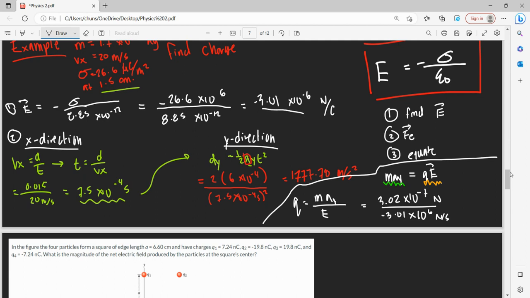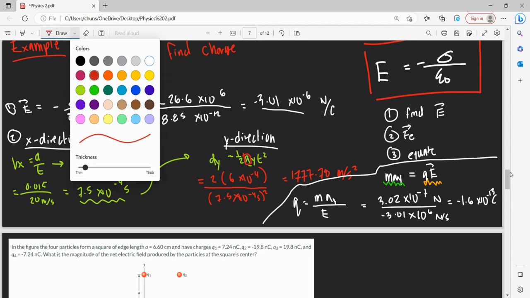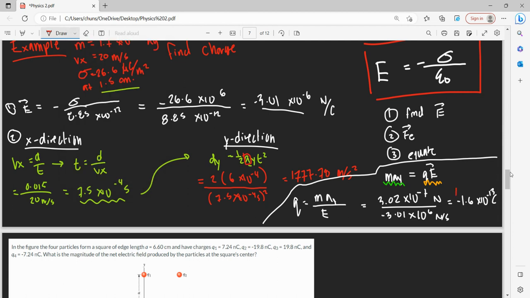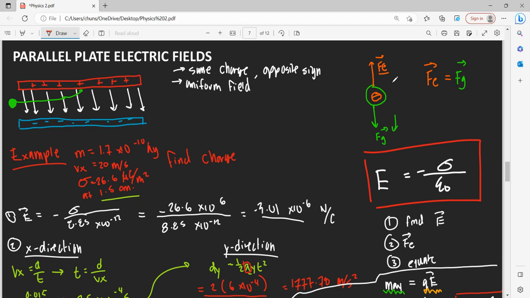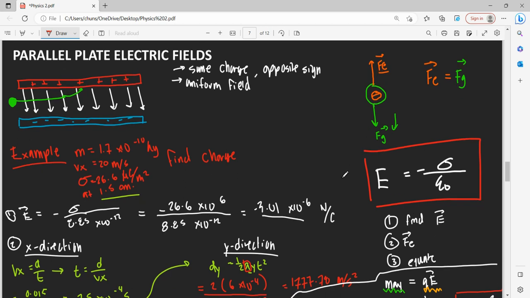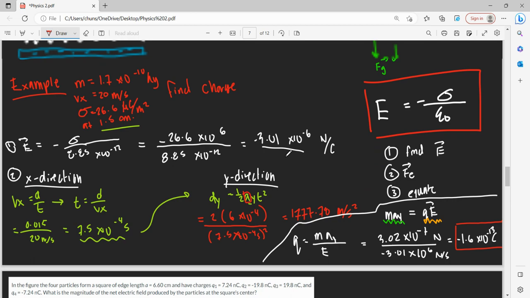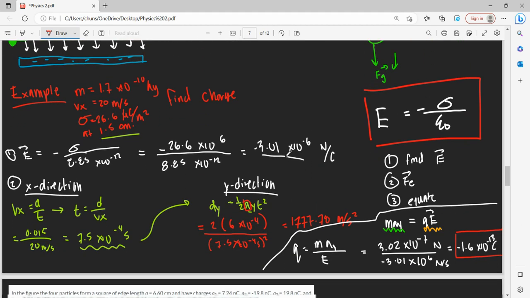Right, that's where this value came from for our denominator. And that means our charge is negative 1.6 times 10 to the negative 13 coulombs. It's not quite accurate, but you know what? It's not bad for our charge of an electron, or of an oil drop rather. So that's how you can use your knowledge of force equilibrium to find certain values for parallel plate questions.